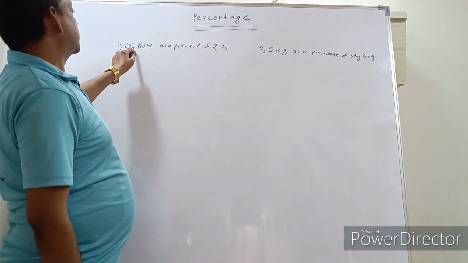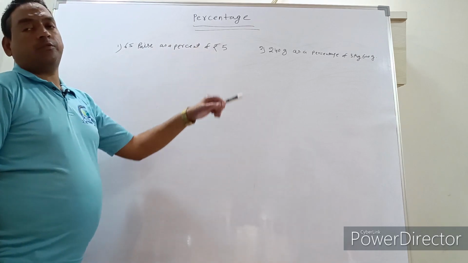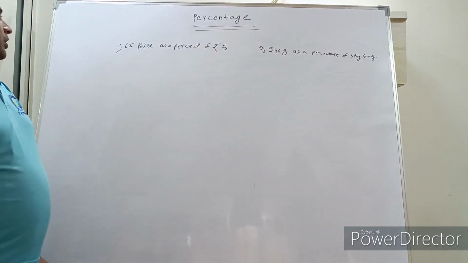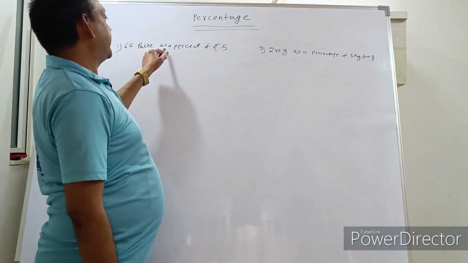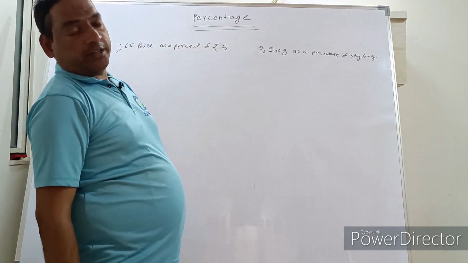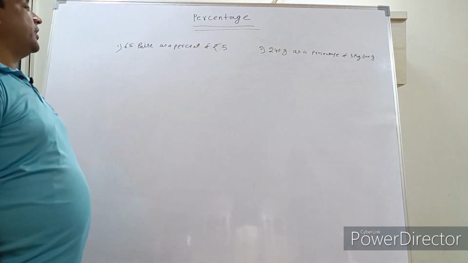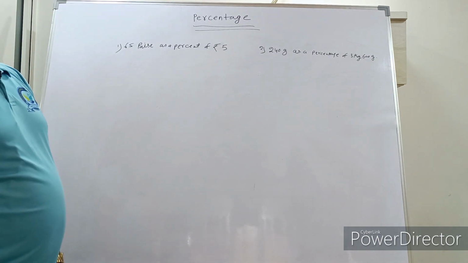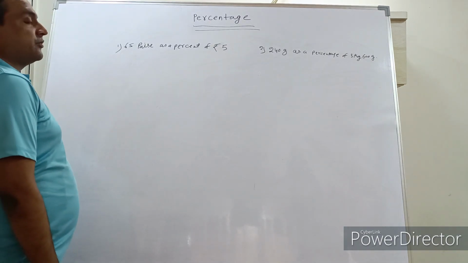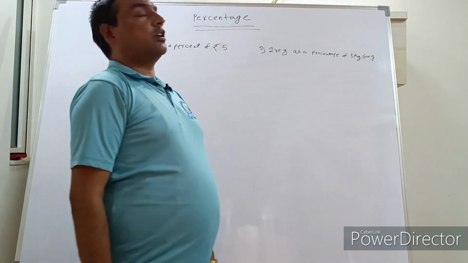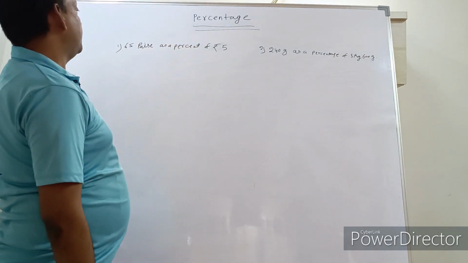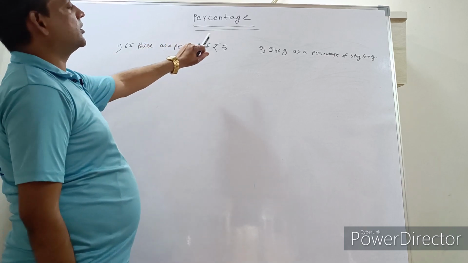Like here, 65 paise as a percentage of rupees 5. We have to convert 65 paise as a percentage of rupees 5, meaning 65 paise is what percentage of rupees 5. So first of all, this is given in paise and this is given in rupees.